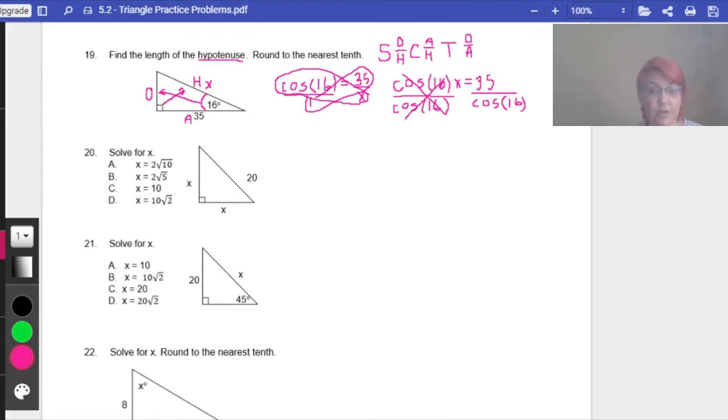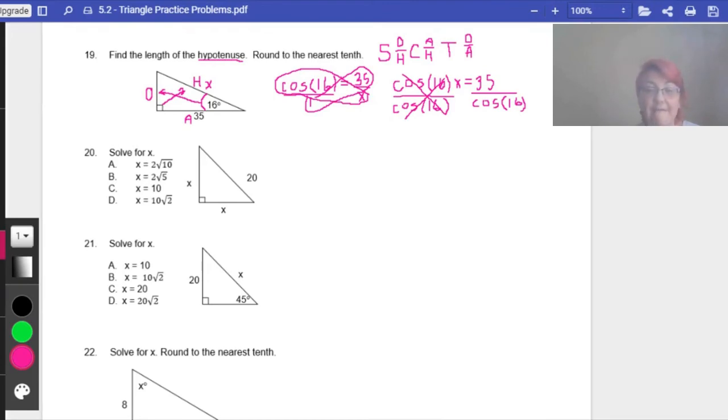If you have an Android like me, you'll open up your calculator app and it's already in degree. You'll see that it says RAD in capital letters. If you click that, you're putting your calculator into radians. Don't do that, stay in degree. And then you'll do 35 divided by cos 16.